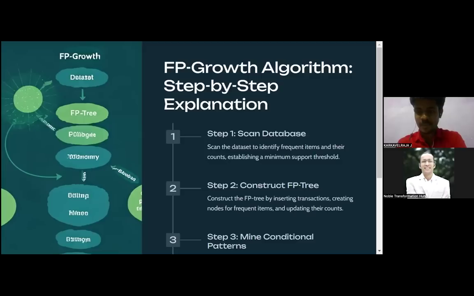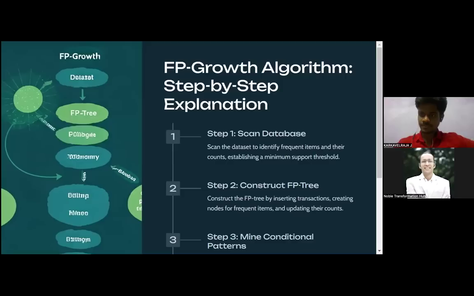So let's go to the FP growth algorithm step by step explanation. Step one is scan database. Scan the dataset to identify frequent items and their counts, establishing a minimum support threshold.